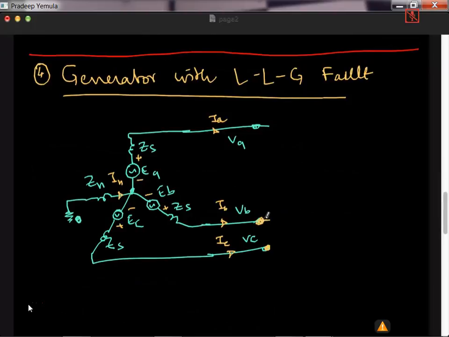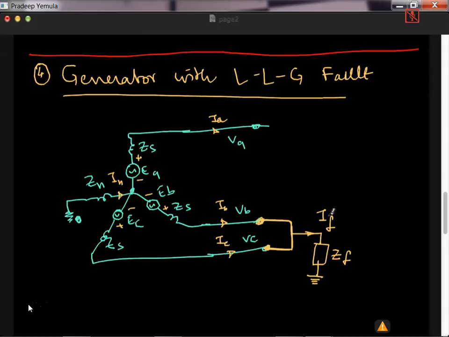So two lines I'll short circuit straight away. Then there is a Z fault. And finally this is connected to the ground. So the current that is going into this is the fault current IF. So IB and IC are equal, IB plus IC equals IF. And that fault current is anyway going through the ground back to the neutral of the generator. So this is the circuit.